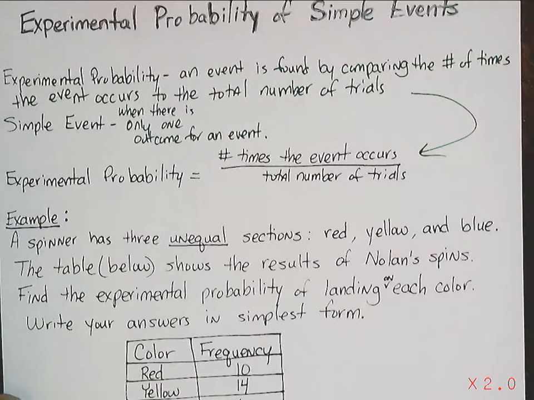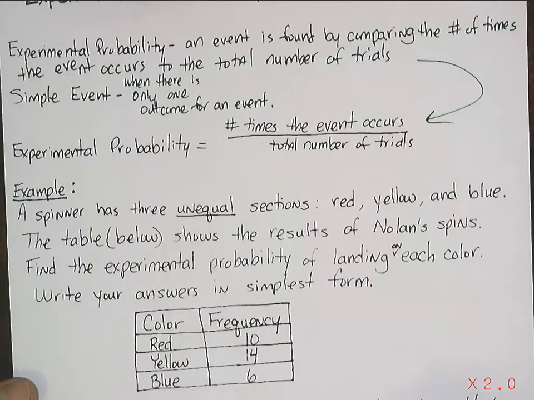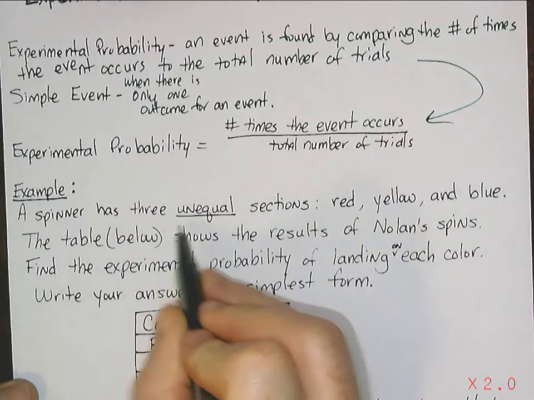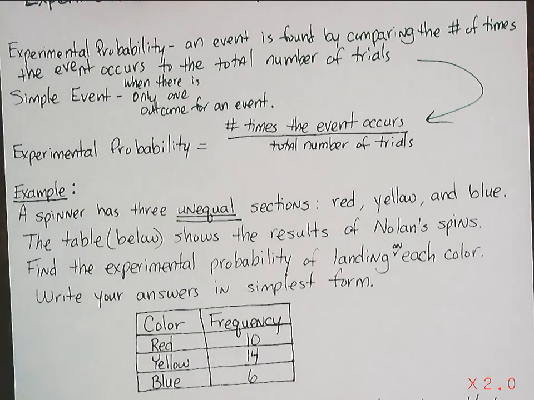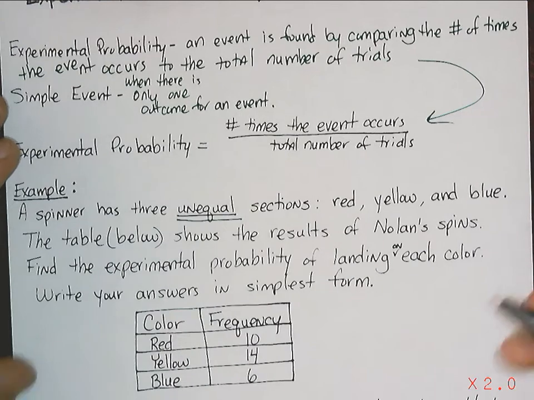A spinner, and here's the keyword there, I underlined it for you. A spinner has 3 unequal sections, red, yellow, and blue. The table below shows the results of Nolan's spins. Find the experimental probability of landing on each color. Write your answers in simplest form. So the key word here again is unequal sections.